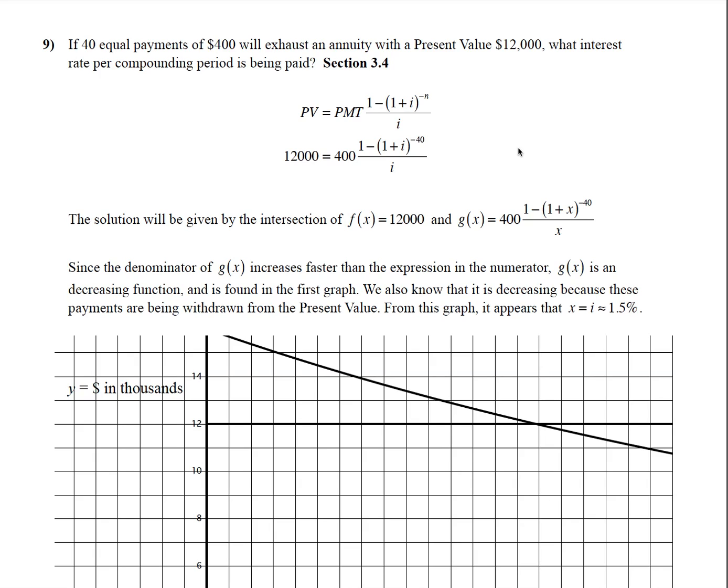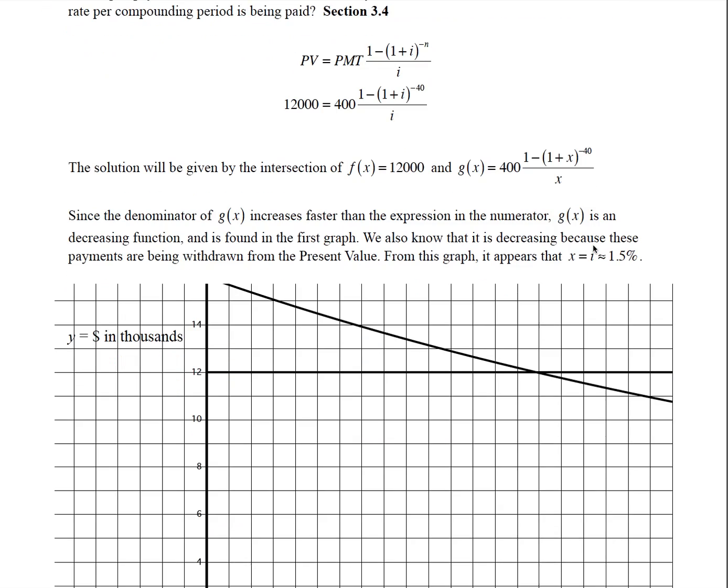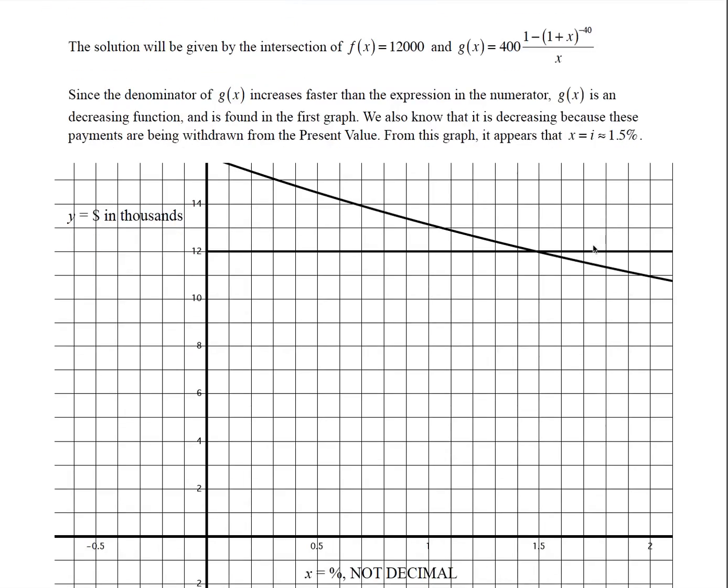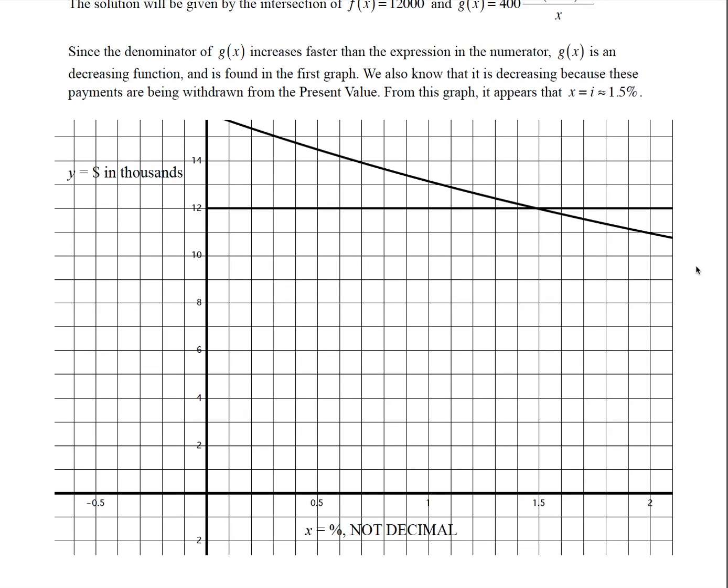And again, because it's a present value that is being exhausted after 40 payments, that tells us that this is a decreasing function. The 12,000 is a constant function, so that's going to be a straight line at 12,000, and we look for the graph of the function that is decreasing, and where they intersect is that rate per compounding period.